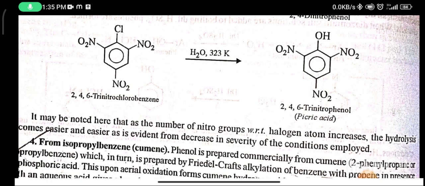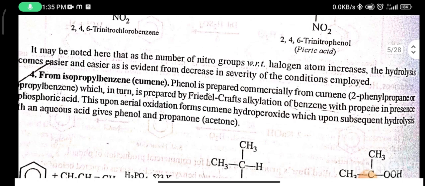It gives 2,4,6-trinitrophenol, commonly and very famously known by the name picric acid. It may be noted here that as the number of nitro groups with respect to the halogen atom increases, the hydrolysis becomes easier and easier, as is evident from the decrease in severity of conditions employed.